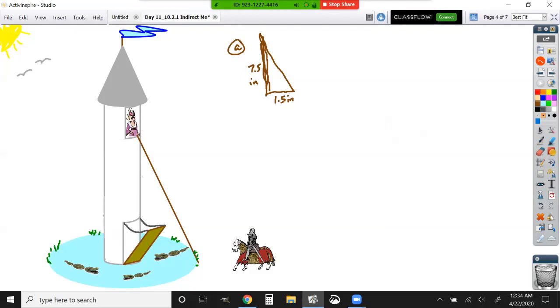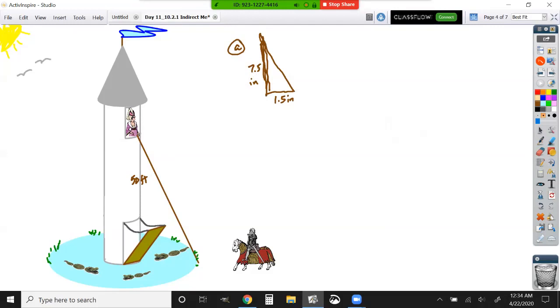And we know in the Princess Tower that her tower is 50 feet above the water. So we can see that the 7.5 corresponds to the 50 feet, and the 1.5 would correspond to the moat.